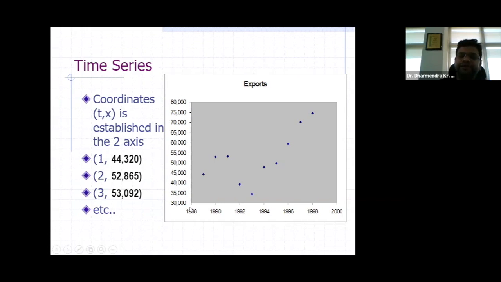The first time point has the value 44,320, this particular point. Similarly for the second one, the third one. In this way we make a graph for the time series data, here exports at different time points. This is how you can plot a graph of a time series data.